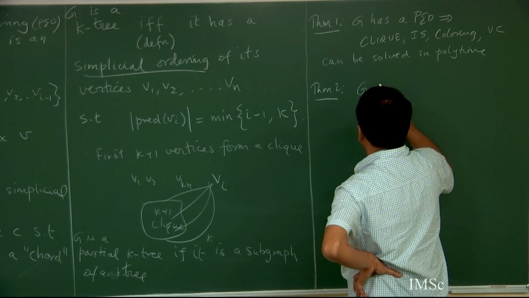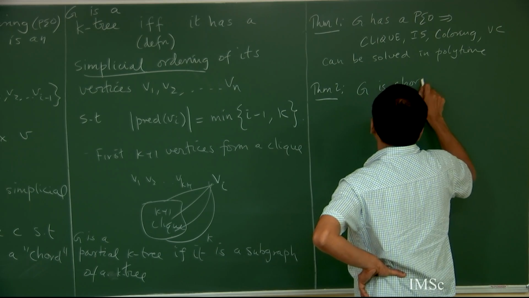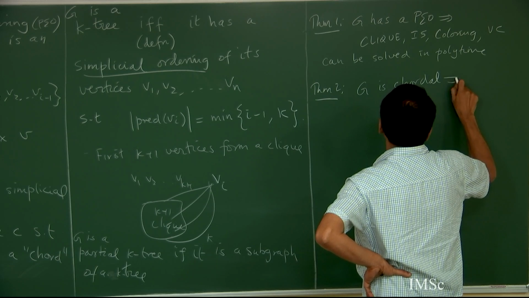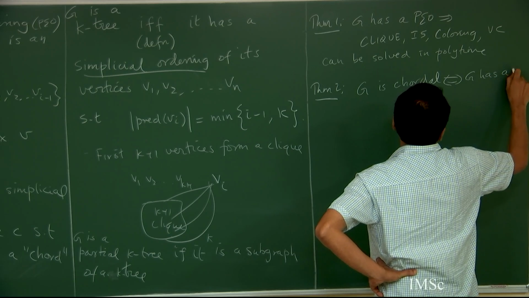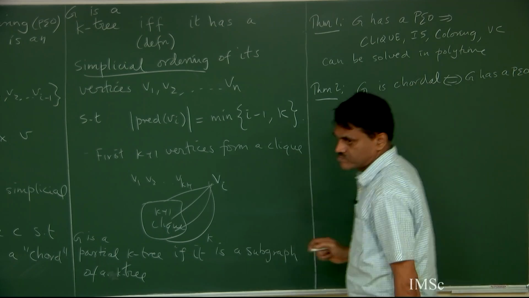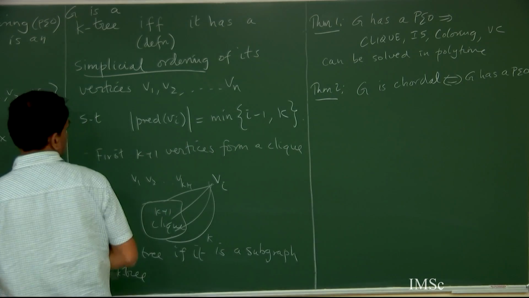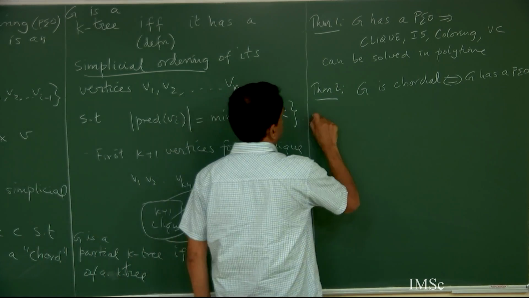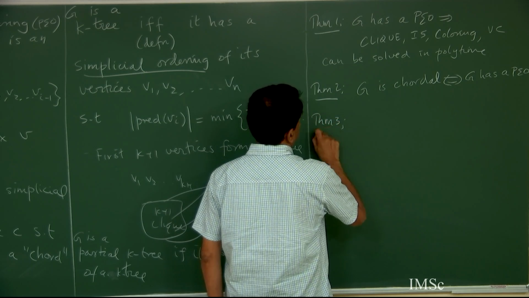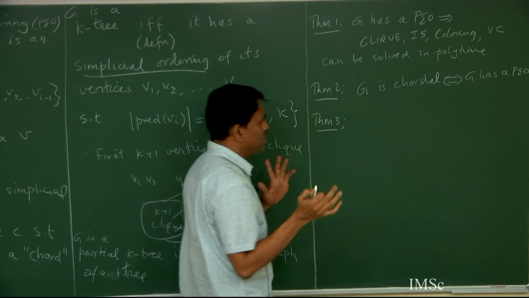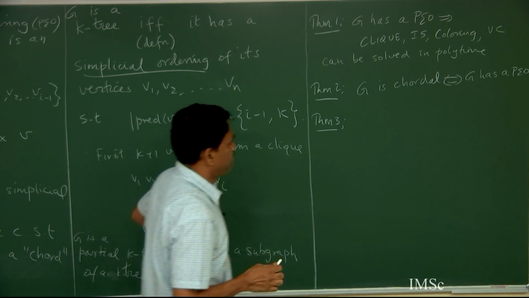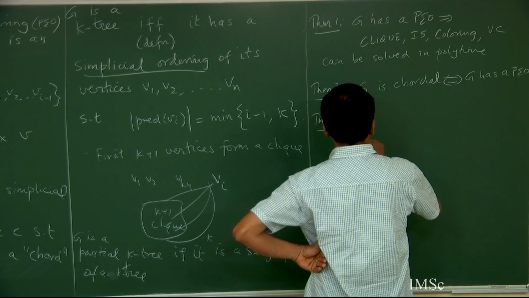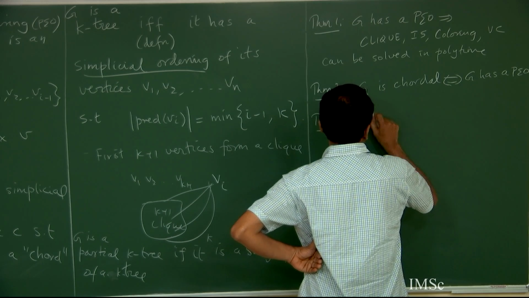Then I am going to say that the graphs having a perfect elimination ordering are exactly chordal graphs. These are sort of independent statements, but we will find some connection.